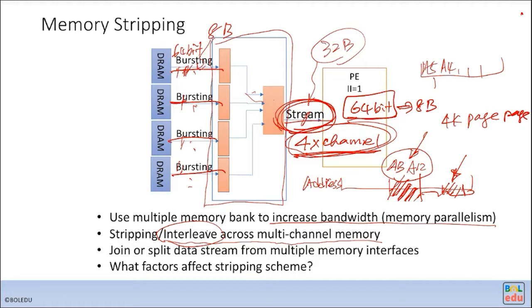The PE is still doing the sequential access, but inside you recreate the memory access address. In here you will have a memory address generator, and then you use A4, A5 to direct to different memory channels.